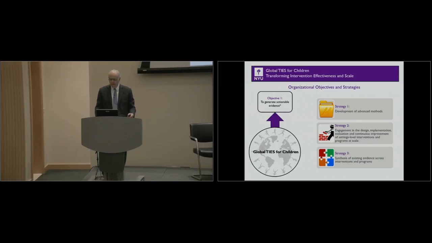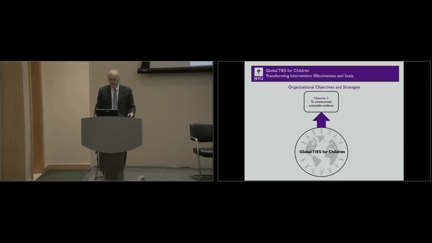And we synthesize evidence across many different studies. Without that research synthesis task, you can't inform policy. Policy isn't influenced one study at a time. It's influenced by the accumulation of evidence. The second objective is, it's fine to collect all that information, but unless you communicate the actionable evidence to policymakers, program developers, philanthropists, and others, it isn't going to have the impact that scientific research in this area could have.